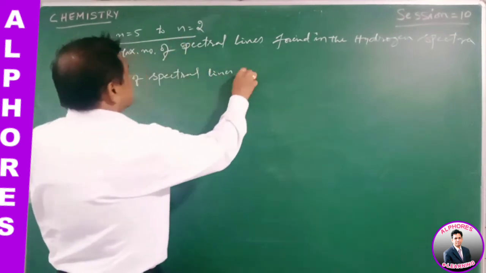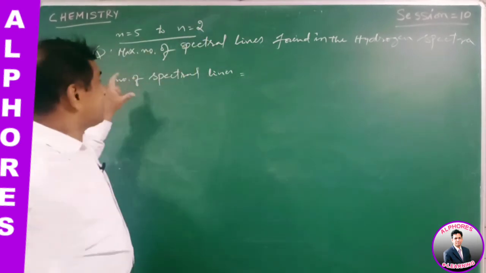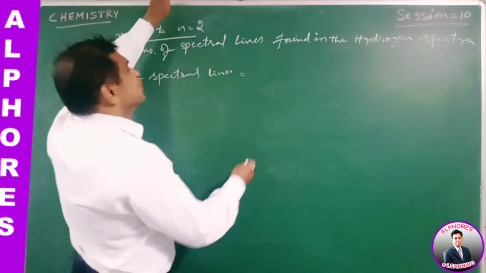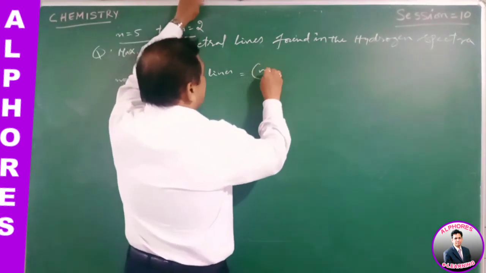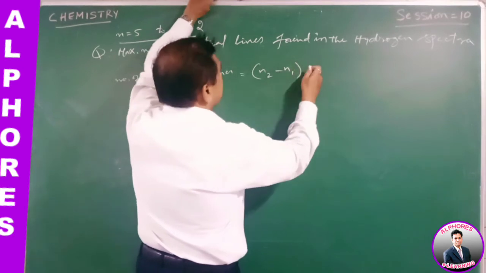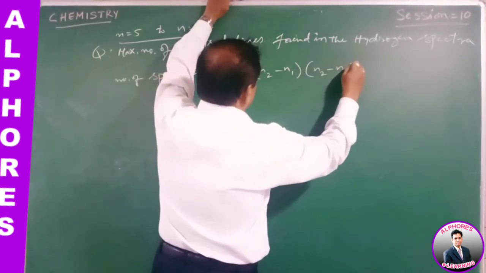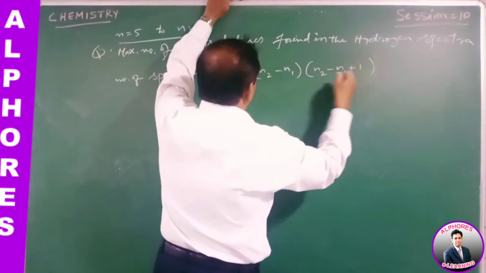That is equals to, when this is the case, so for that the logical approach, the number of spectral lines, that is equals to (n2 minus n1) into (n2 minus n1 plus 1) by 2.